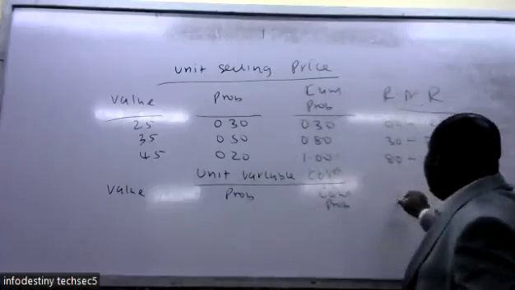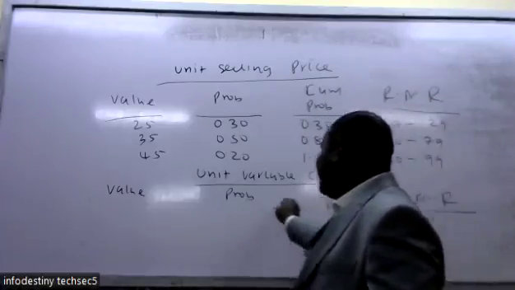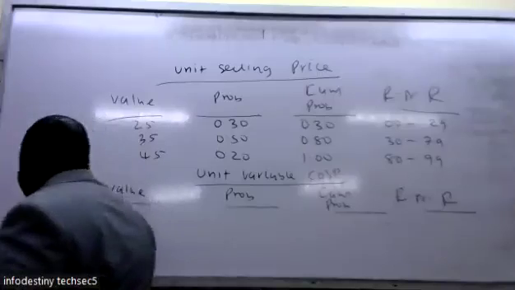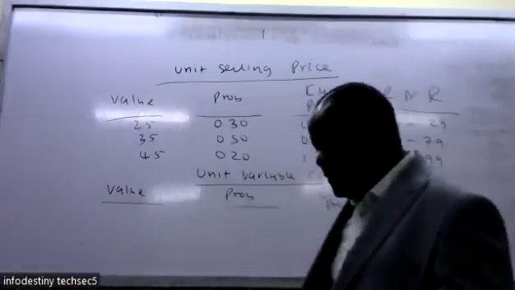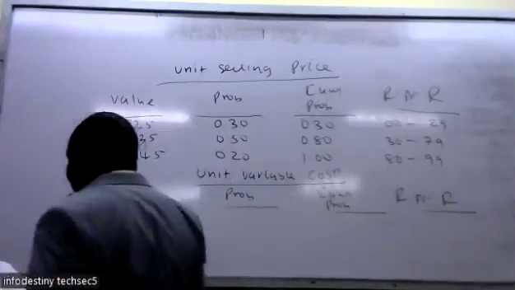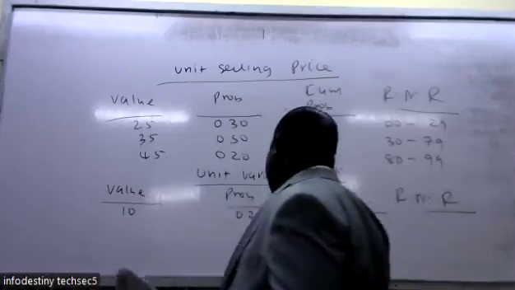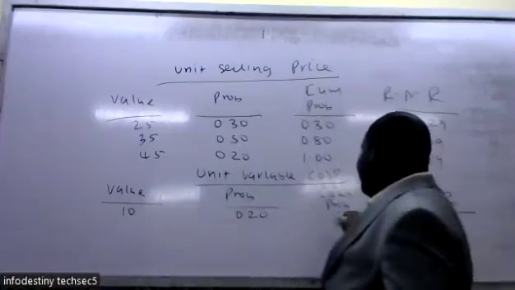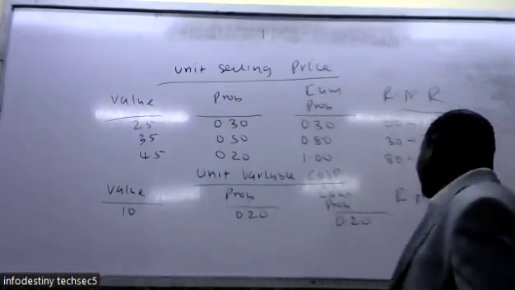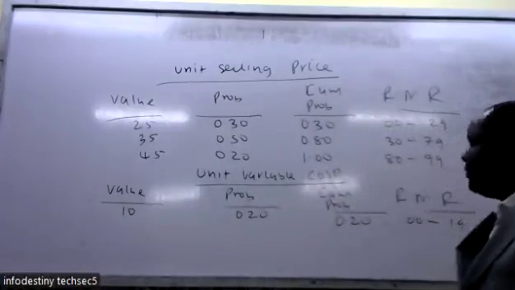Then the random number range, like that. So the first one is 10. Probability of it occurring is 0.20. Cumulative is still 0.20. So that we start from 00 to where? 00 to 19.